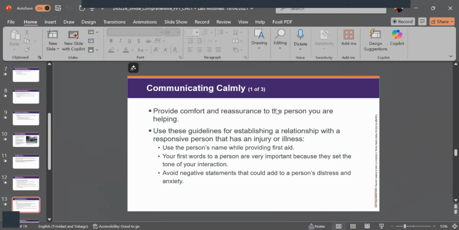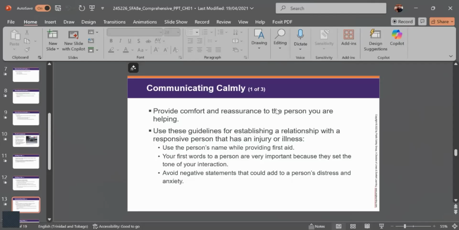Okay? Communicating calmly. Provide comfort and reassurance to the person you are helping. Sometimes it's as simple as talking to them in a nice, calm manner, letting them know, hi, look, I called the ambulance, they're on the way. Let me see what else I could do to assist you. Sometimes people in these situations just need to know that somebody is there to help them.